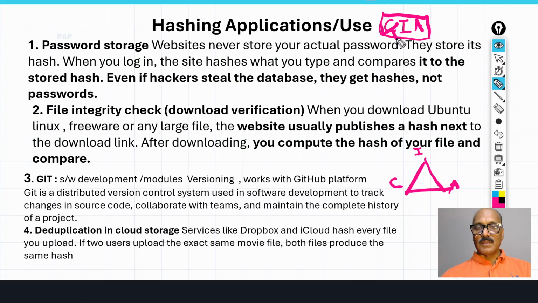I stands for integrity, which we achieve through hashing. A stands for availability of data, that we are going to discuss in our future sessions.